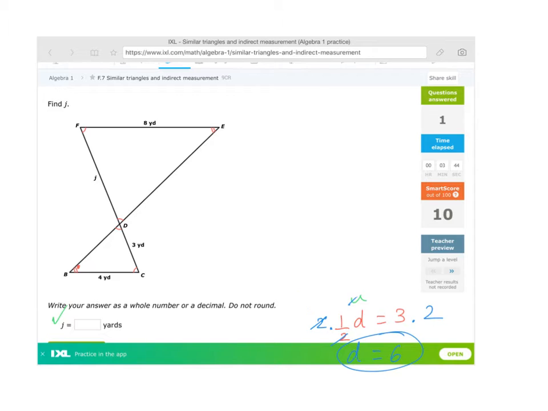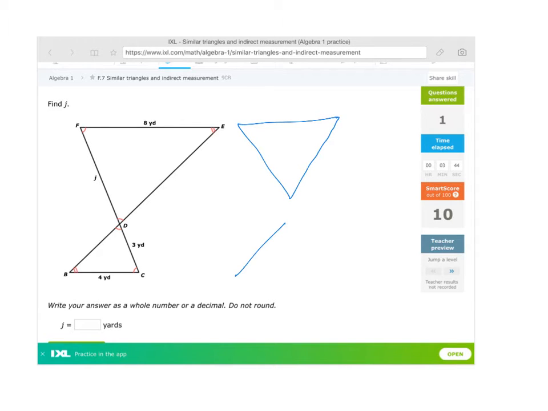We'll use that to our advantage. So we have a triangle that is upside down, like this, and a triangle that is straight up, like this. We can even flip it so that it looks more like our upside down triangle, or flip the upside down triangle. It's up to you.